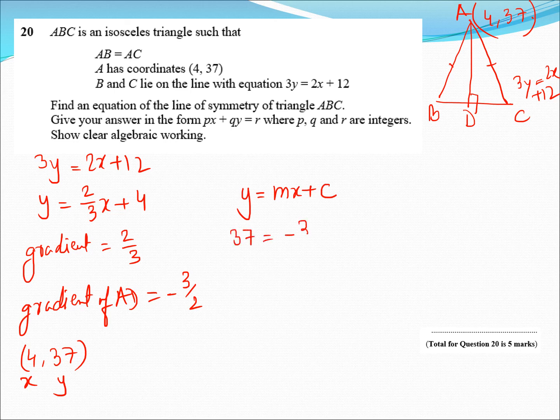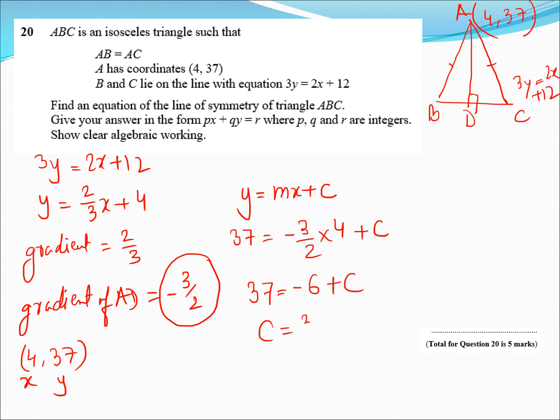M is negative 3 over 2, which is the gradient of the line, and times by x, which is 4, plus c. I'm doing this calculation to find out the y-intercept or c. So I'm getting 37. 4 times 3 is 12. 12 divided by 2 is 6. It's negative 6 plus c. So c is going to be 37 plus 6. C is going to be 43.